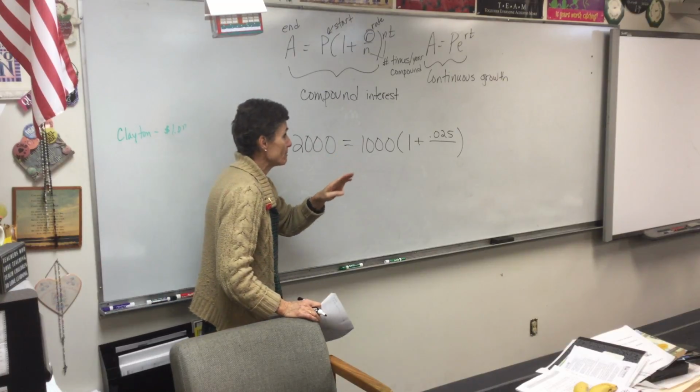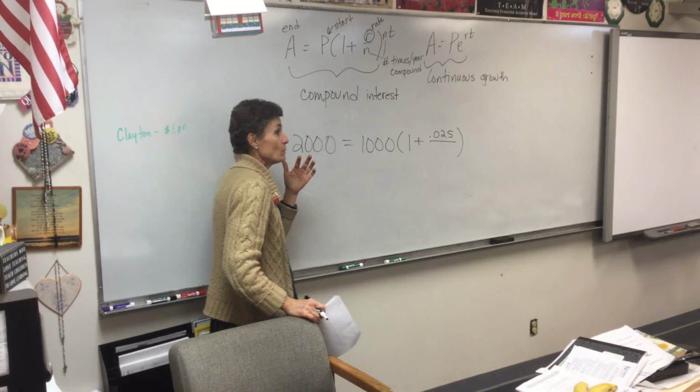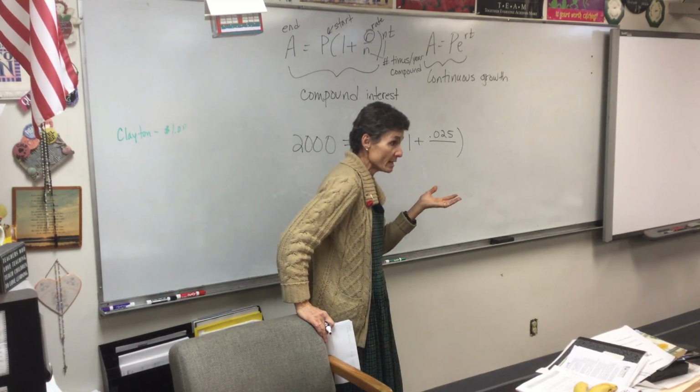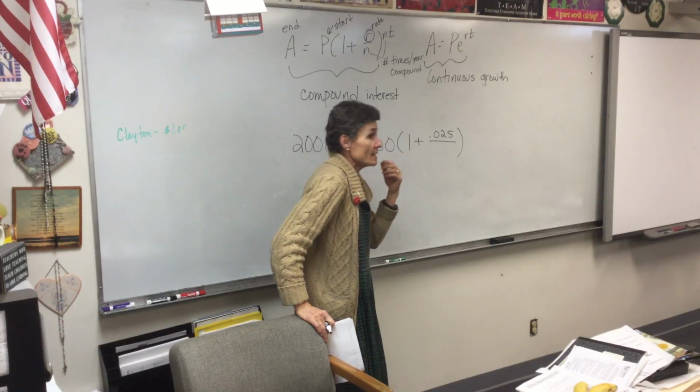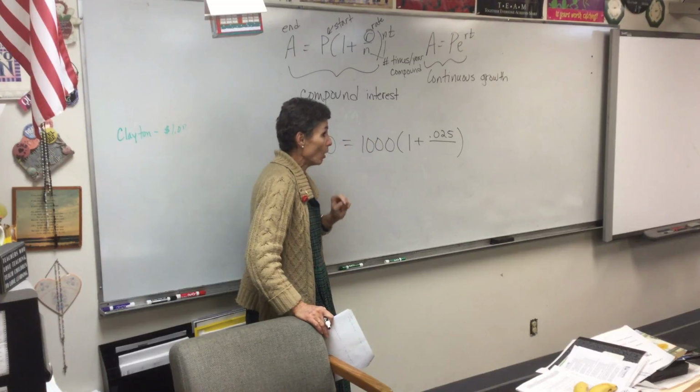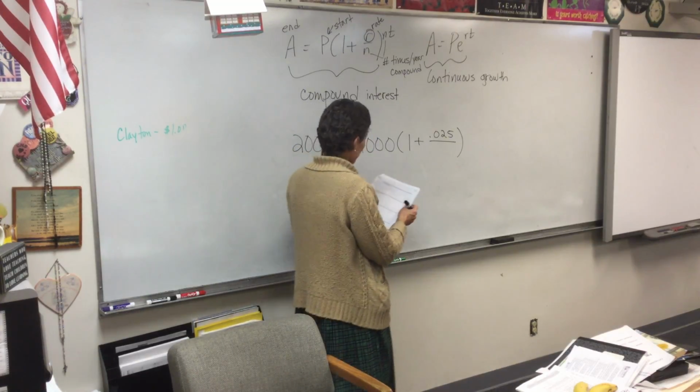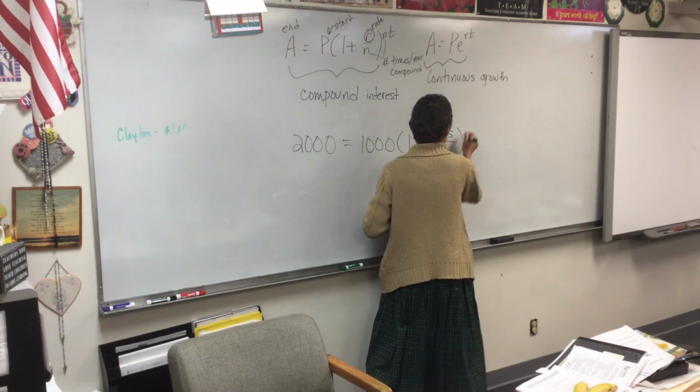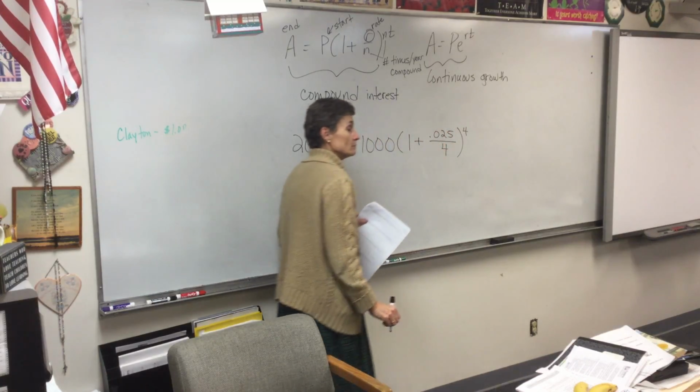Quarterly means every 3 months, 4 times a year. If we said compound monthly, that would be 12. Sometimes it's compounded annually, which would be 1. So I'm compounding quarterly, so I'm going to put a 4 here and a 4 here.